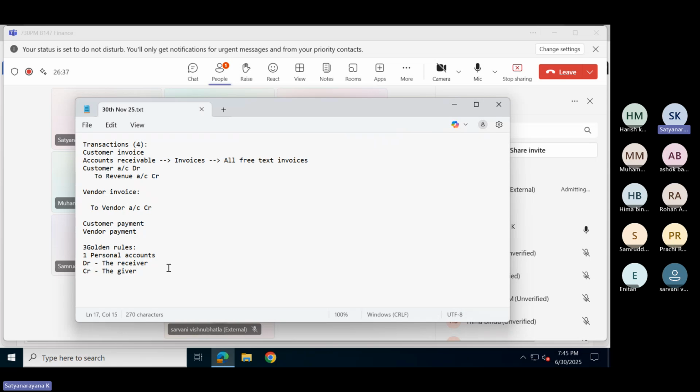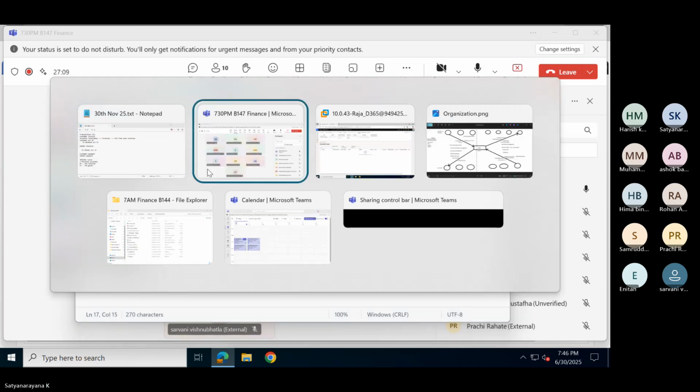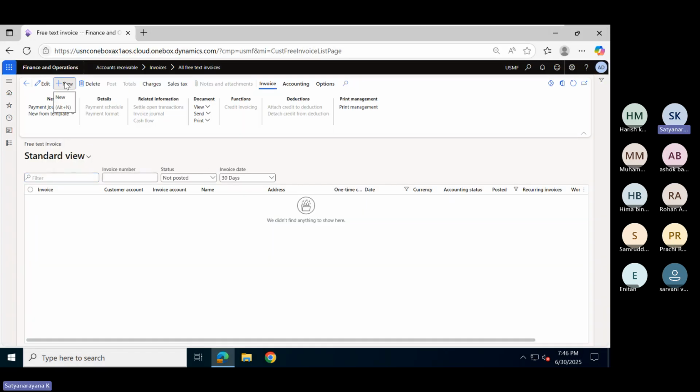Fine. So let me show you this process in the system. You are learning customer invoice. It is in accounts receivable, invoices, all free text invoices. Just give me a minute, please. Now click on the new button.